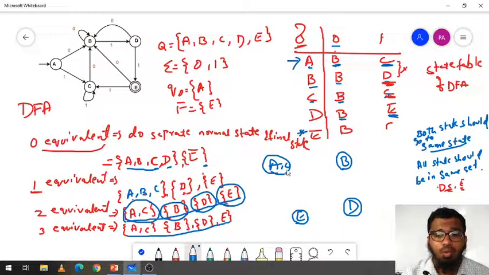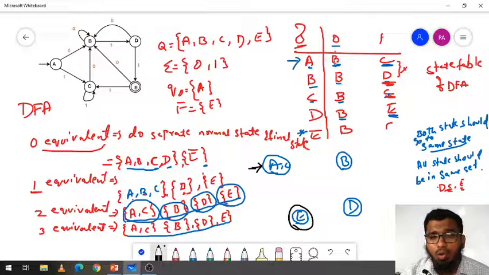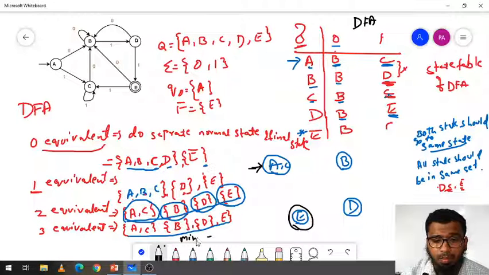E. So initial state is A and the final state is E. Okay, so here with the help of this table only we will draw it, because this is a DFA table. Now we got the minimization DFA.